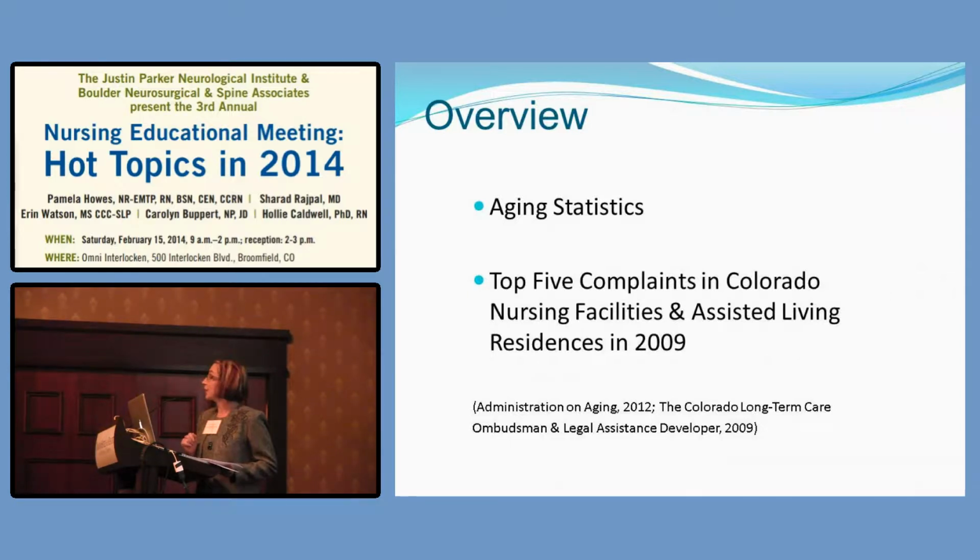About 1,200 of the complaints that were received by the ombudsman's programs were related to quality of life issues. And we'll talk about what some of the quality of care versus quality of life issues are. Quality of life usually includes autonomy and choice. So there were complaints made about older adults not having autonomy or choice.